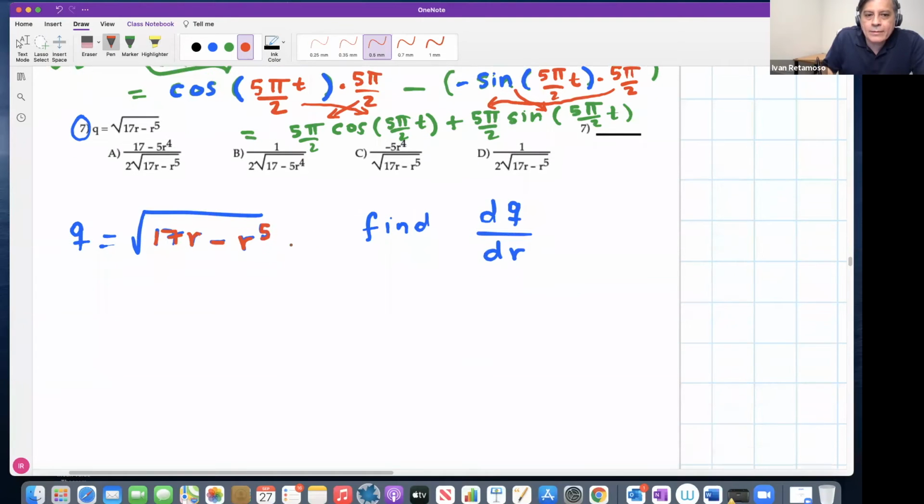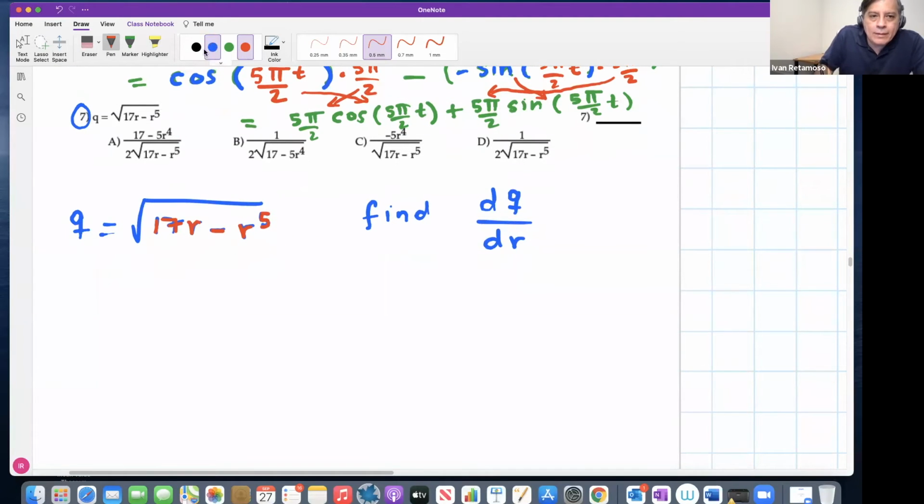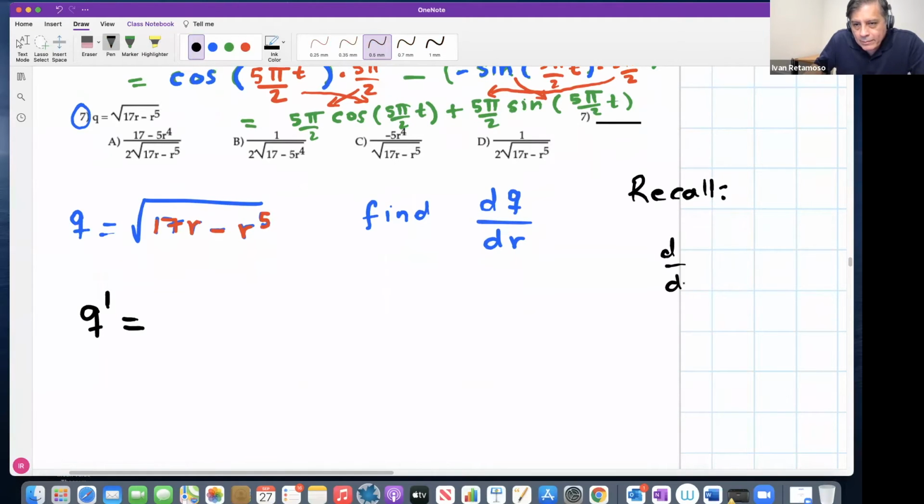So there you have the two functions. So follow your chain rule and figure out q prime, the derivative. And also I want to write here, recall the derivative with respect to x of the square root function is in simplified form 1 over twice a square root of x. This should facilitate the computation of this derivative.